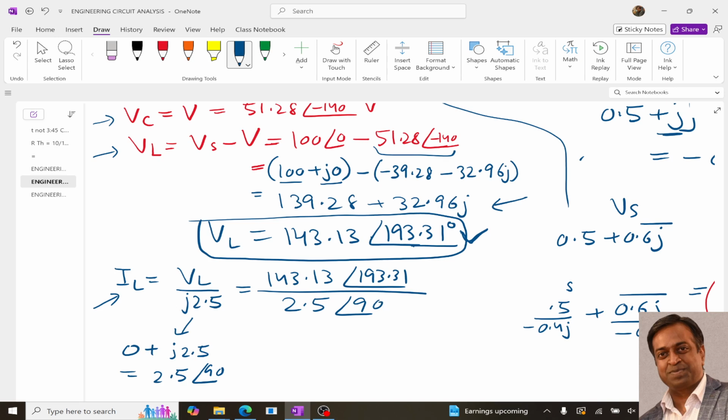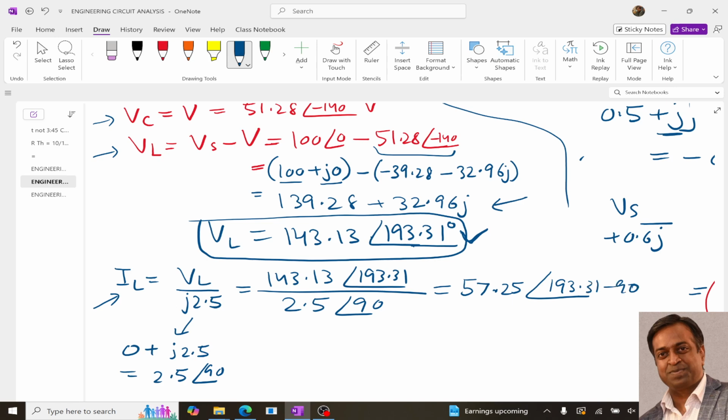So solving this, you will get the answer as 57.25, and angle will be 193.31 minus 90, so it is 57.25 angle 103.31.